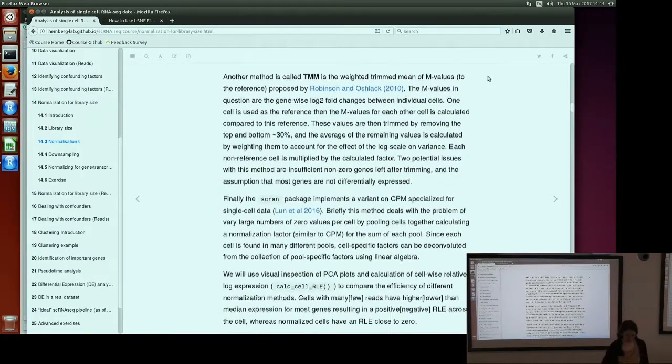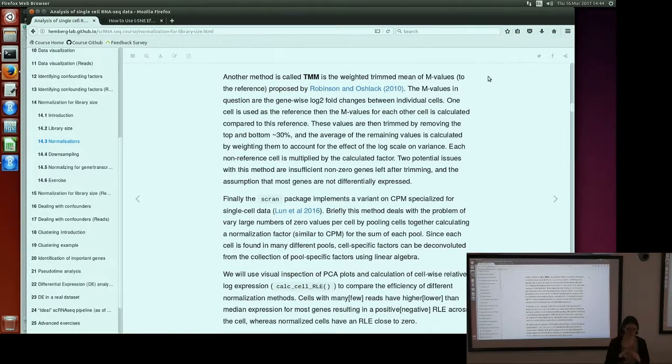Yet another variant on normalization factors is called TMM, which is the weighted trimmed mean of M values, which basically takes the expression value in one particular cell and compares it to your reference cell, which is picked arbitrarily. And then it looks at the log 2 fold changes of the expression value in your cell of interest compared to this reference.